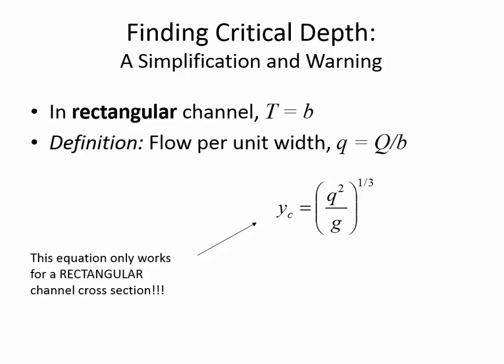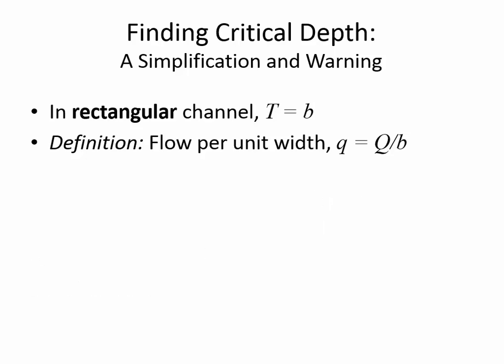And so just as an example, if you've got Q equal to 10 cubic meters per second, like we've been having with this recurring example, and the channel is 4 meters wide, so b is equal to 4 meters, then lowercase q is Q divided by b.